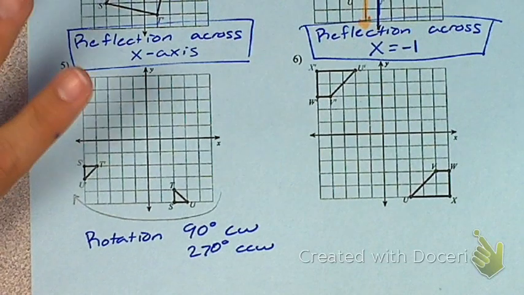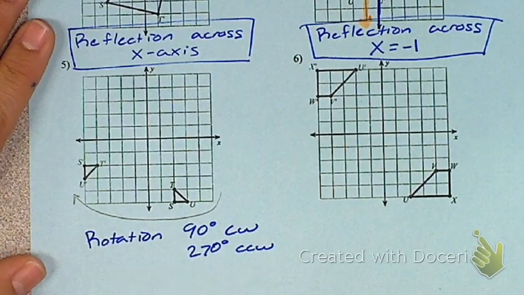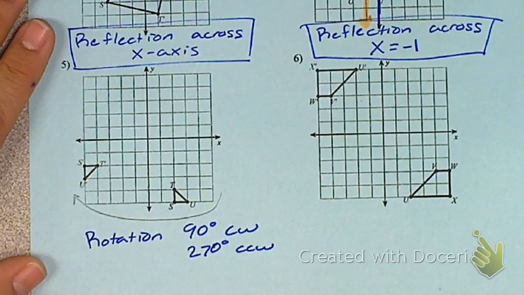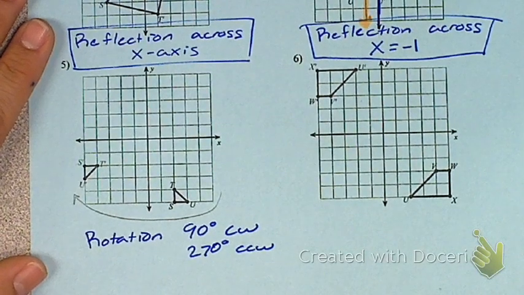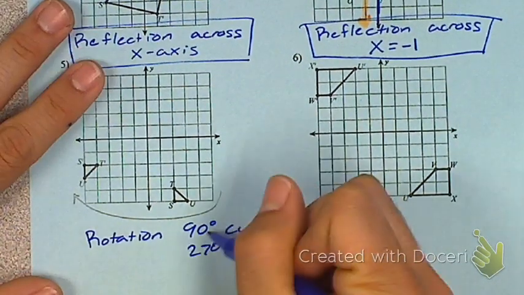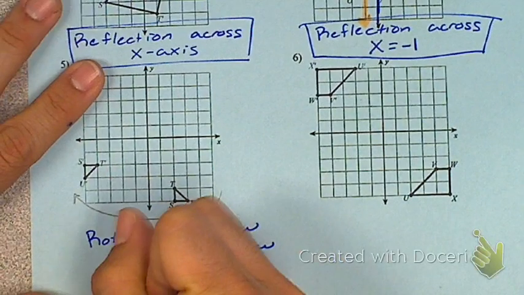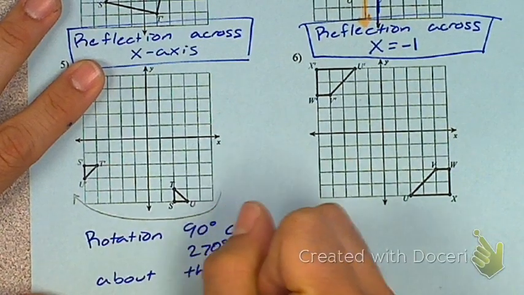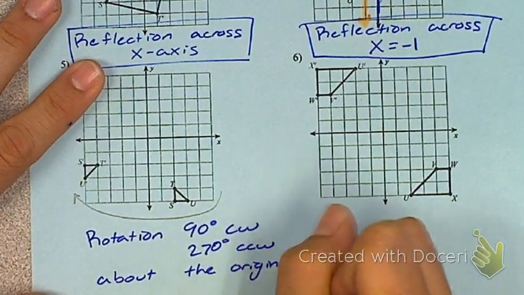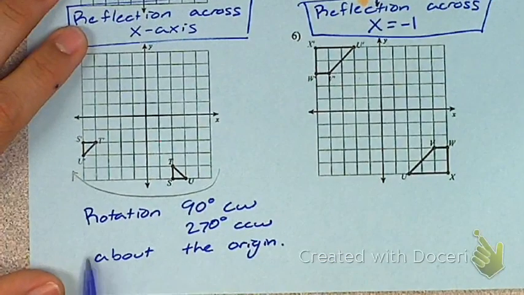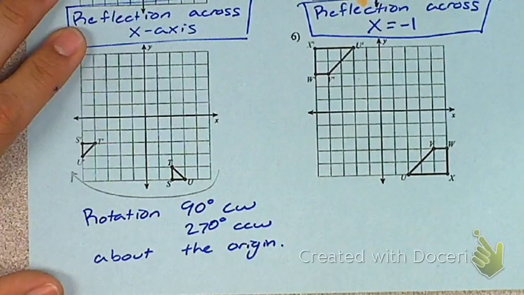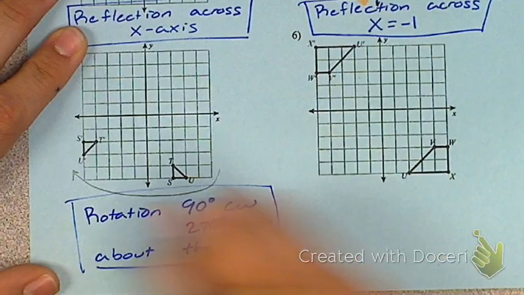What's that last little piece after I write this? What about the origin? Rotation, degrees, direction, about the origin. If you don't have that last little bit, I'm going to take off points. Because you need to tell me it's about the origin.